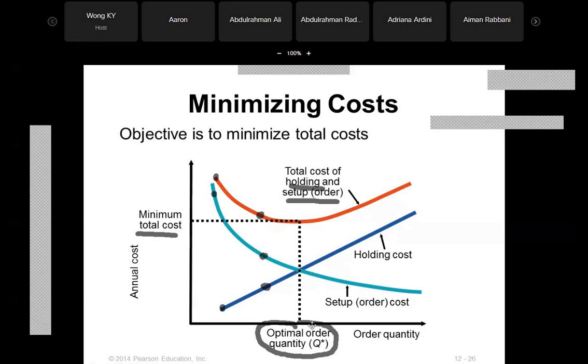So this is what we need to find. Because remember what I said, we have to determine when to order and how much to order. To answer how much to order, we will have to find this Q star here. Q star is the best order quantity, the optimum order quantity, because it gives us the minimum total cost.